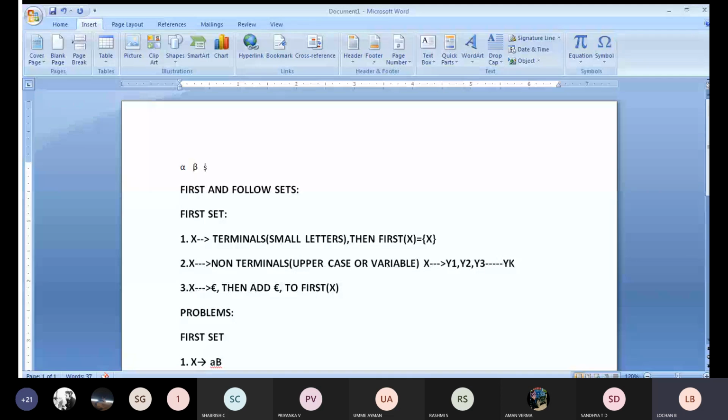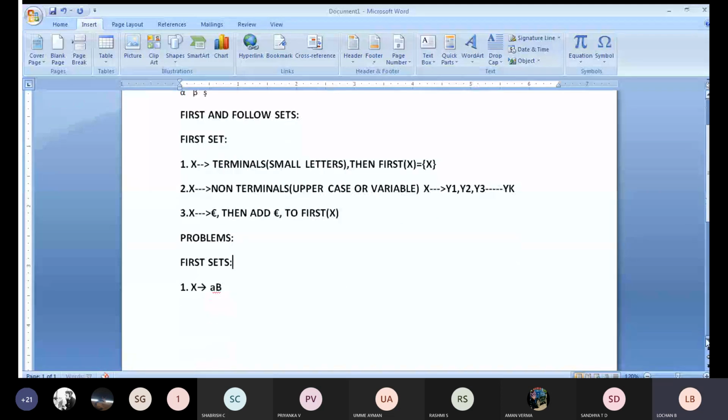Okay. So if you have completed this one, you just inform me. We will move to the solution part. Whenever I am going to solve the problem, you will understand better. Once you have completed, you just inform me.